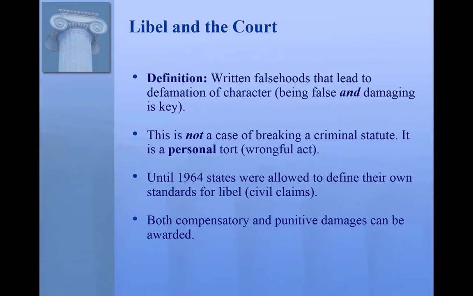And in cases where a jury or a judge finds that libel has occurred, they can assign damages that are both compensatory, in other words, compensates you for harm, and then punitive to punish the party that has published the falsehood.